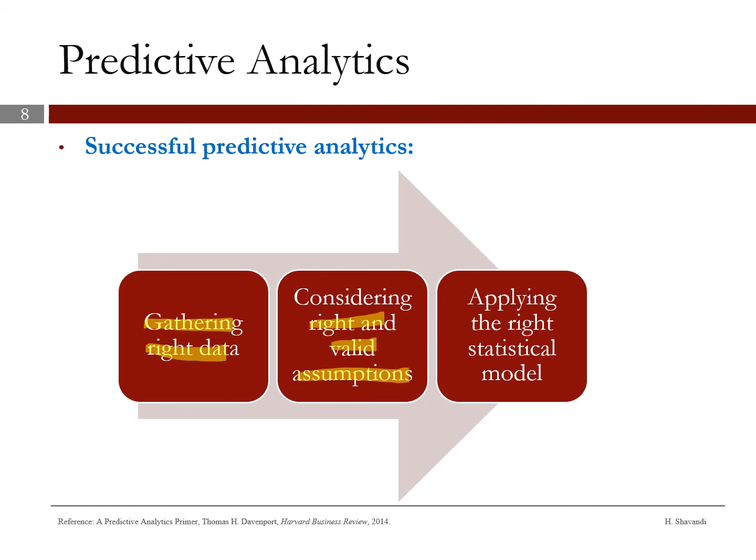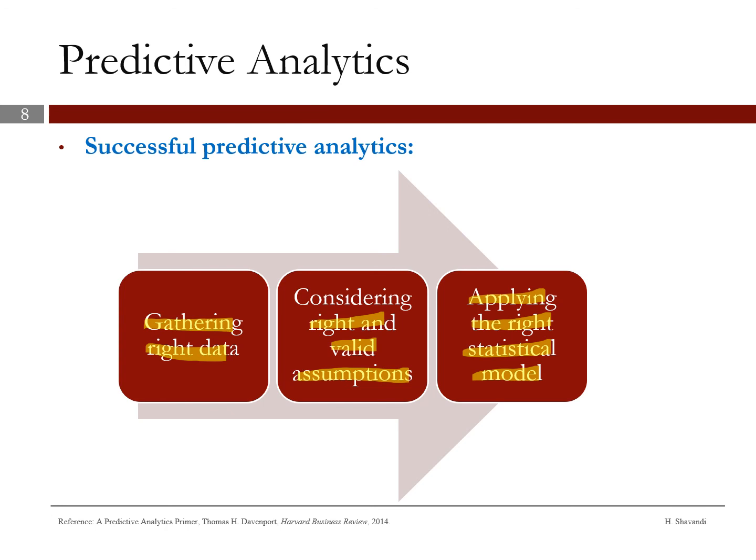Here we can consult with experts who have experience and knowledge of that business. Those opinions would be so helpful for us. And then we need to apply the right statistical model. So here you need to have statistical knowledge.